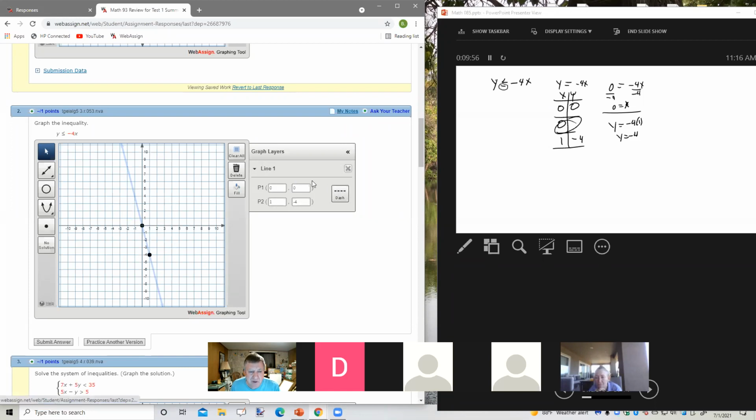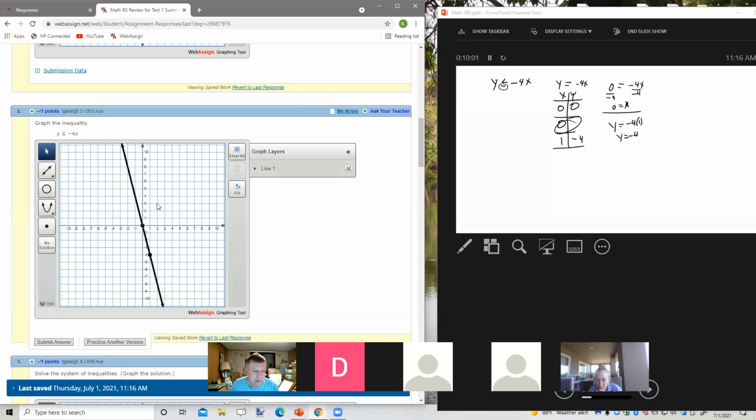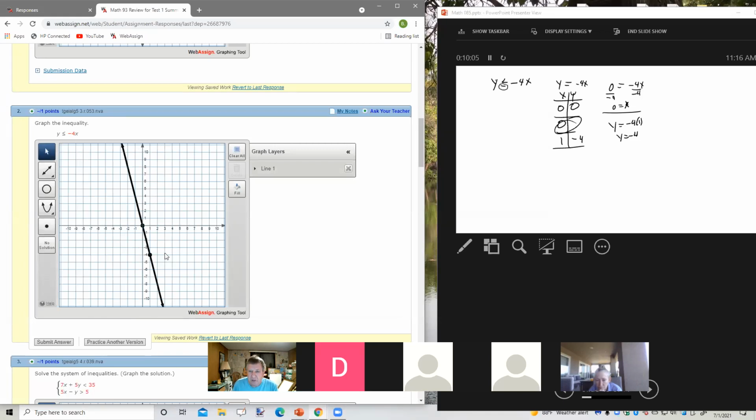Do I want it dashed or solid? I want it solid because it includes the equals to. So this is the line so far. Now, I've been using (0, 0) as a test point. That works great if the actual line doesn't go through the origin, but here it does. So I've got to use something different. How about we use (3, 3)?